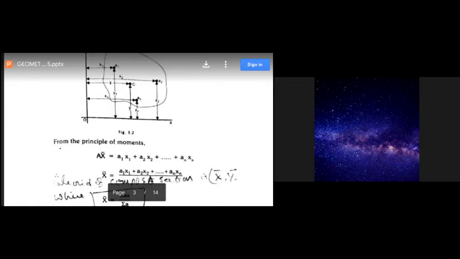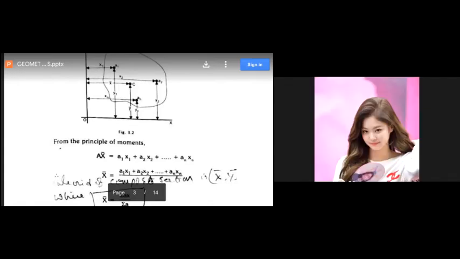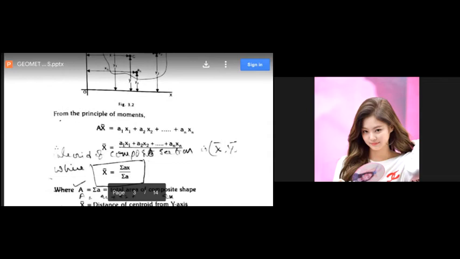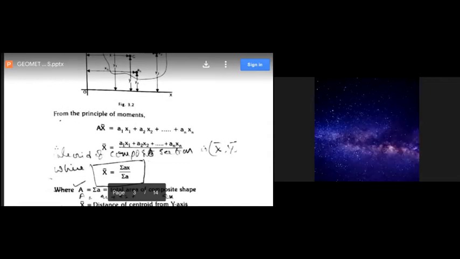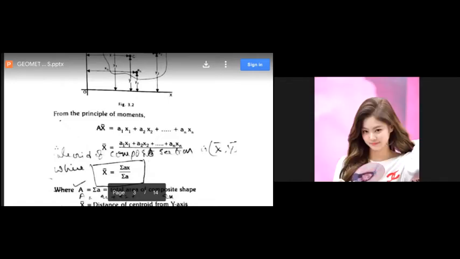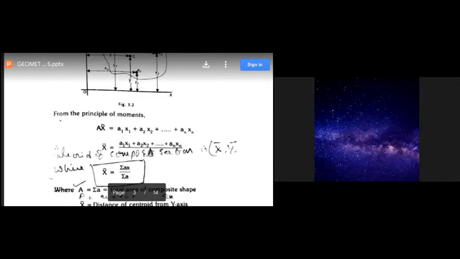So A x bar is equal to A1 x1 plus A2 x2 plus and so on, An xn. From that, x bar is equal to A1 x1 plus A2 x2 plus and so on, An xn, divided by capital A, where capital A is the sum of the areas of all segments, that is A1 plus A2 plus A3 plus A4.